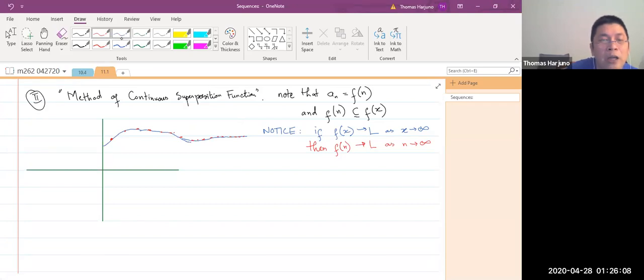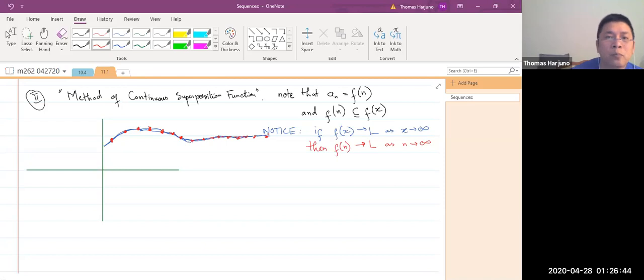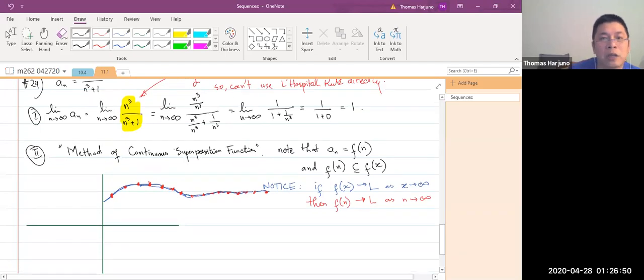If this blue line converges to a certain number, if it has a horizontal asymptote, then the sequence, the dots, which are part of this curve, must also converge to the same value, the horizontal asymptote. Does it make sense? So using this idea, we can solve this problem.